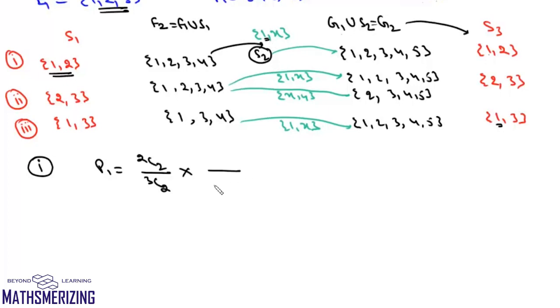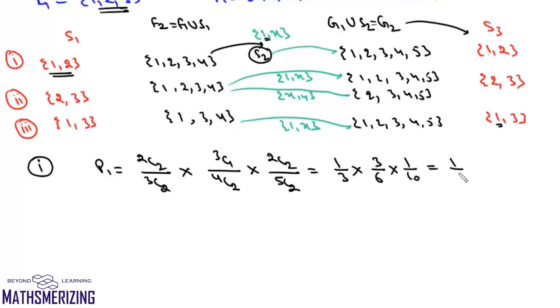So the total number of ways is 4C2, and if 1 is always included, then it will be 3C1. Now from this, we have to select S3, which is 2C2 upon 5C2. So this probability will be 1 by 3, and this is 3 by 6, and this is 1 by 10. So it is 1 by 60. So this first case, it is 1 by 60.